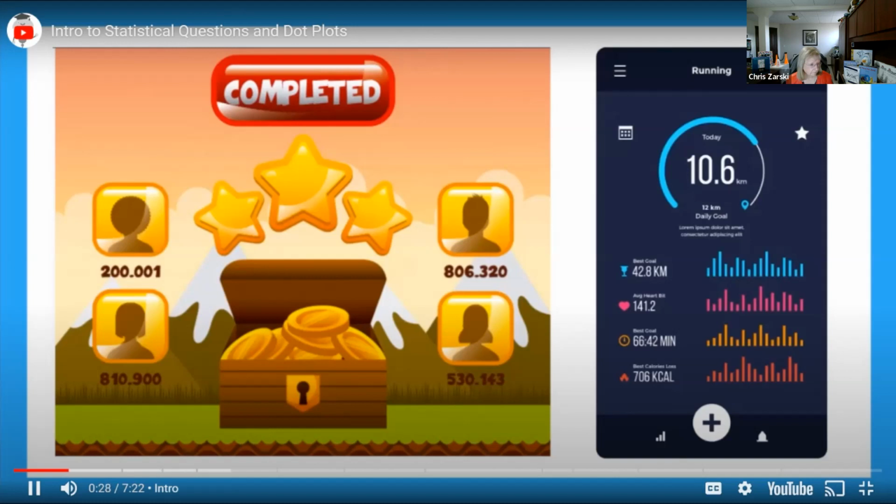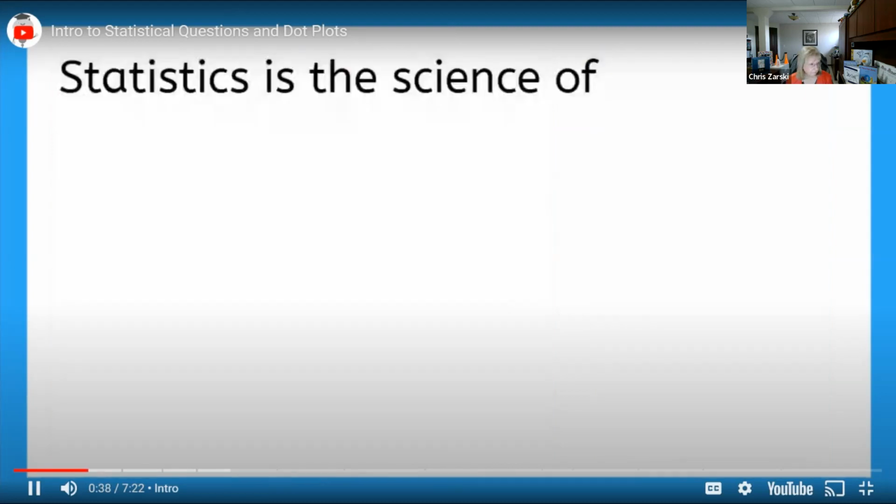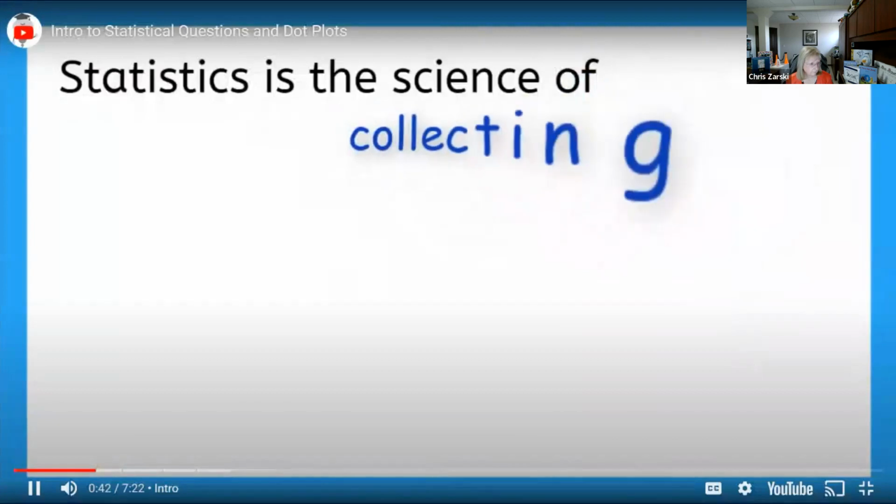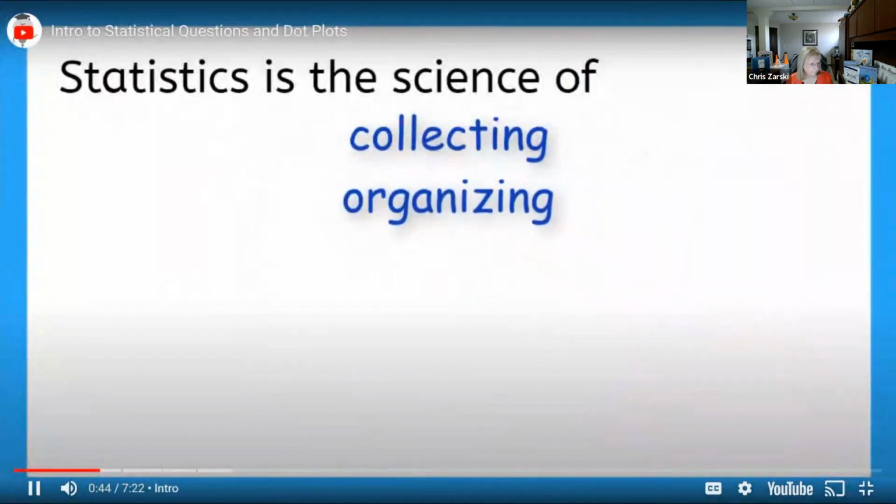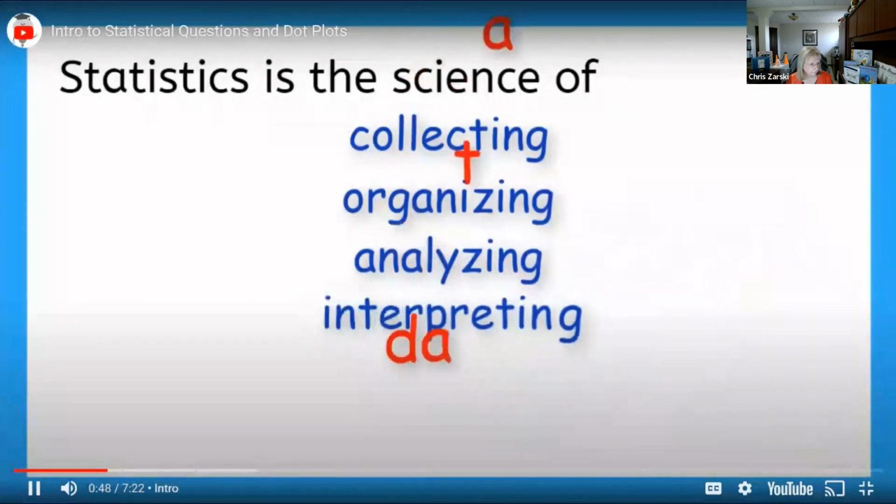Statistics help us answer questions like who has won the most times in your video game, or how many times and how fast did I run on different days this week. Statistics is the science of collecting, organizing, analyzing, and interpreting data.